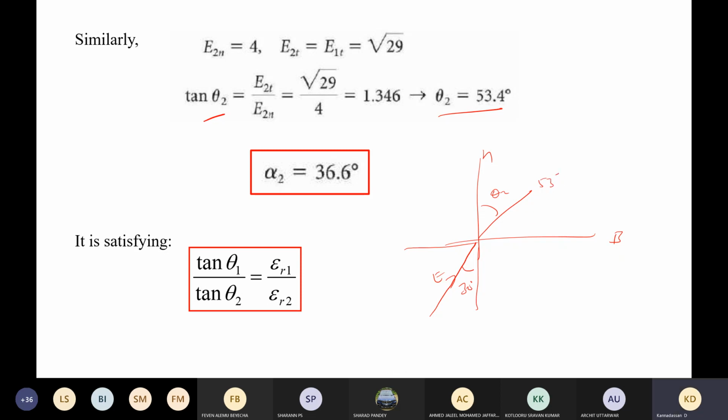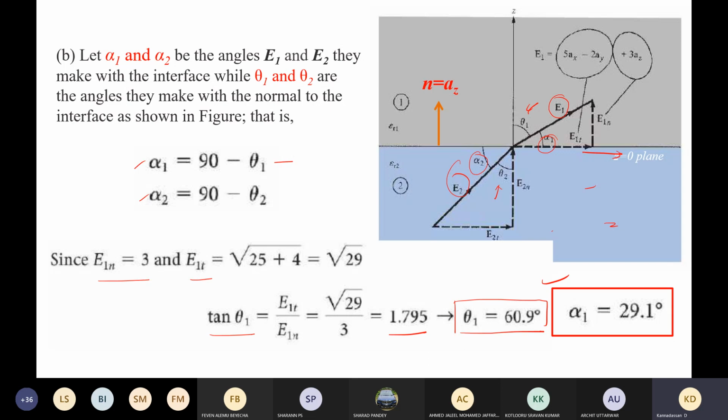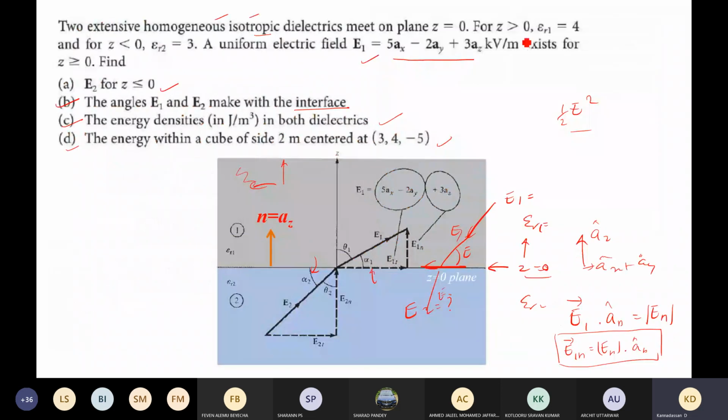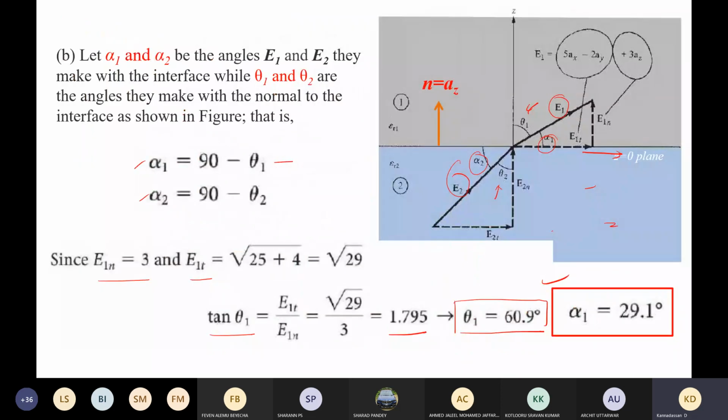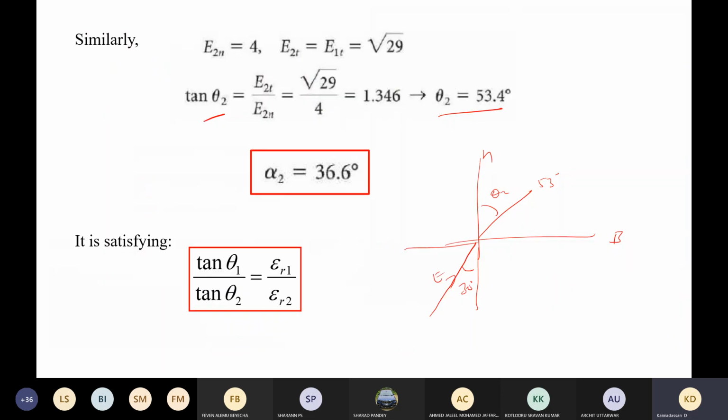It is because of the dielectric constants, with a difference of just 1, because one has a dielectric constant of 4 and the other has 3. Because of this, that is a great change. These angles are largely influenced by the magnitude of the electric field also. And of course, it is satisfying the law of refraction.